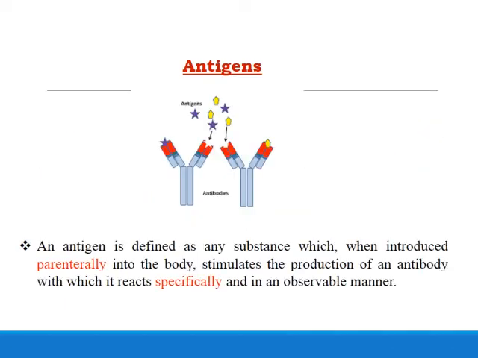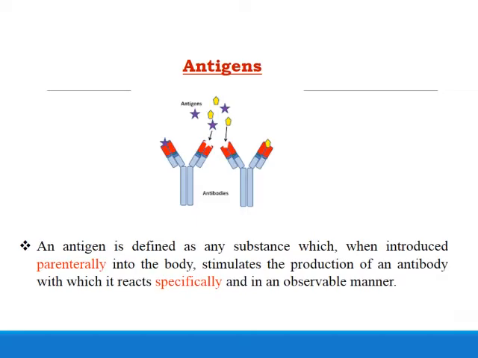More scientifically, we can explain an antigen as any substance which, when introduced parenterally into the body, stimulates the production of antibodies and reacts with it specifically and in an observable manner.